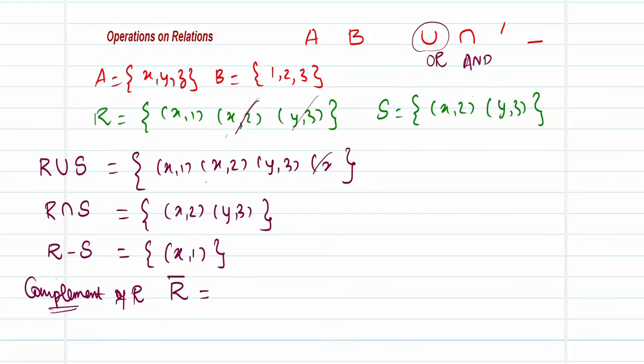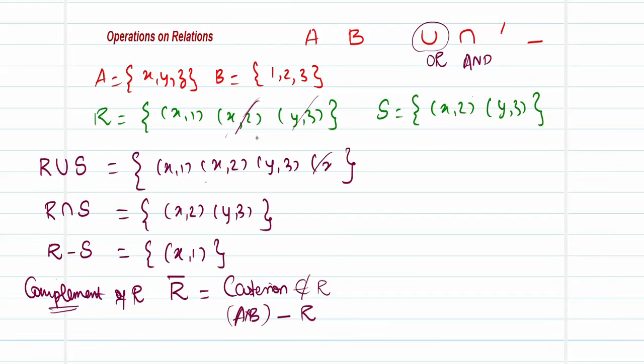When it comes to relations, the universal set becomes our Cartesian product. So elements that are in the Cartesian product but do not belong to the relation. So from the Cartesian product A cross B, we remove the elements of R.